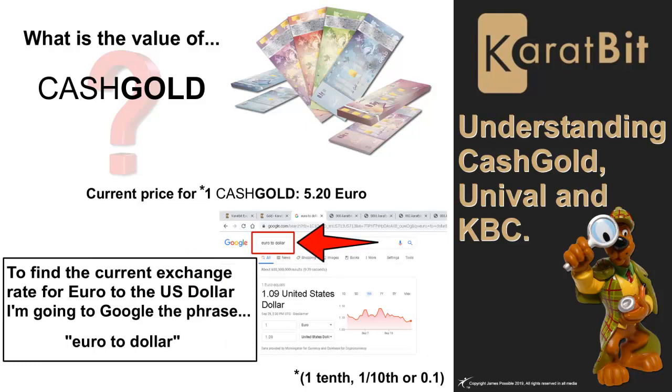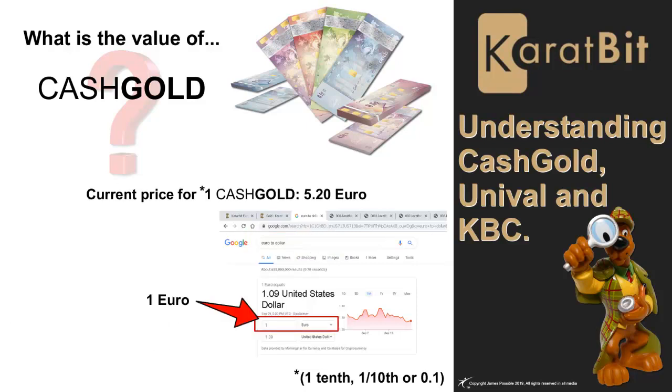First thing I want to do is open up Google and search the term euro to dollar. If you look to the bottom right, you'll see it's $1.09 US dollars. So 1 euro is equal to $1.09 US dollars.